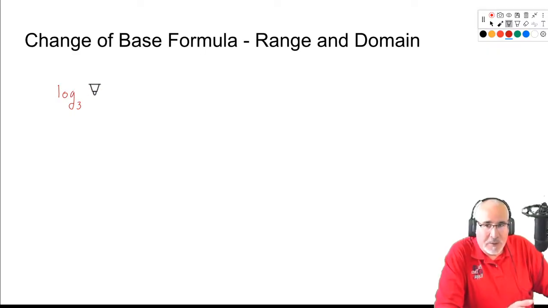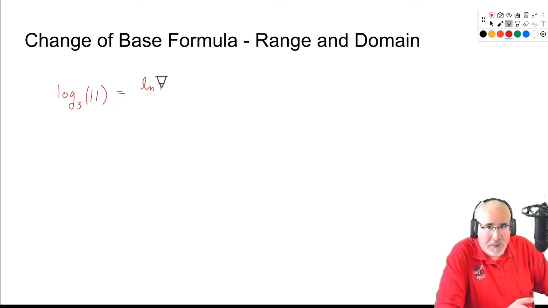Let's do log base 3 of 11. The way you could calculate that is as the natural log of 11 over the natural log of 3.